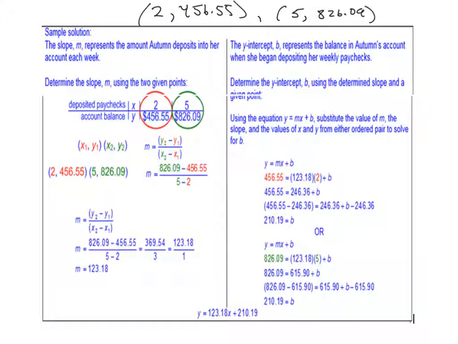So he used the ordered pair 5 and 826.09, and we still got the same 210.19. The only thing with this problem that you have to understand is, if you're given just 2 points, you first have to find slope and then use one of the points to find b. Okay, let's move along.